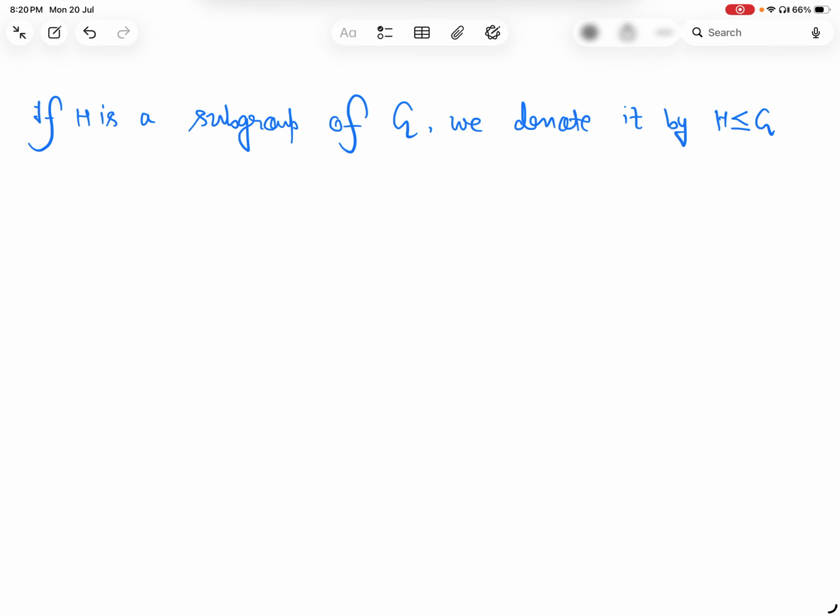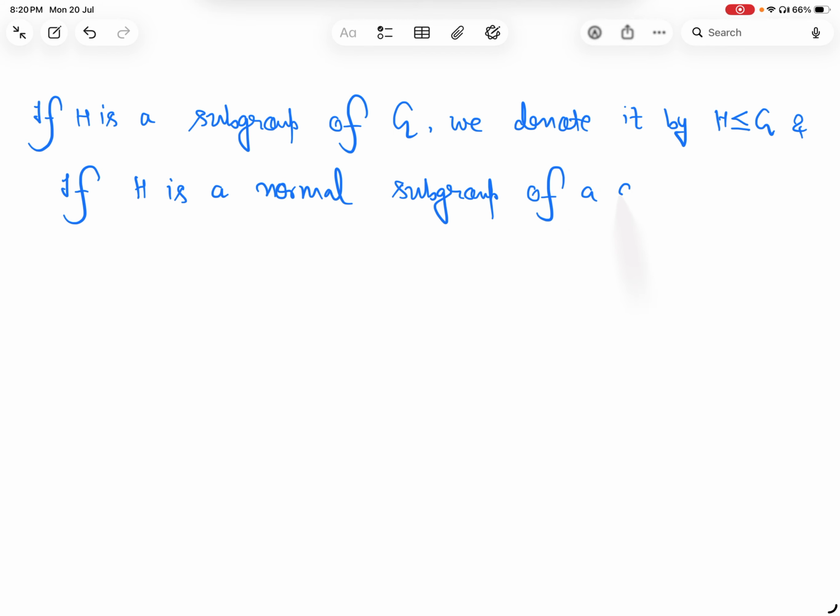And if H is a normal subgroup of a group G, then we denote it by H ⊴ G, like this. Okay.